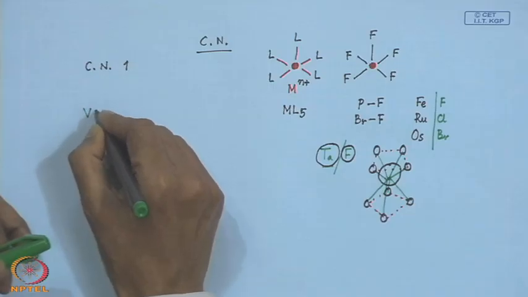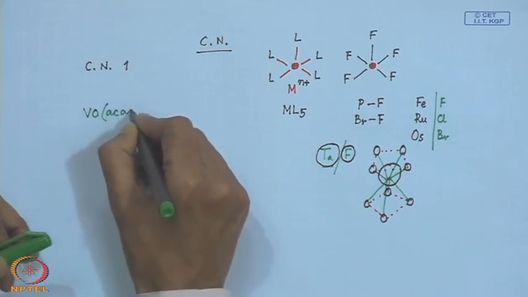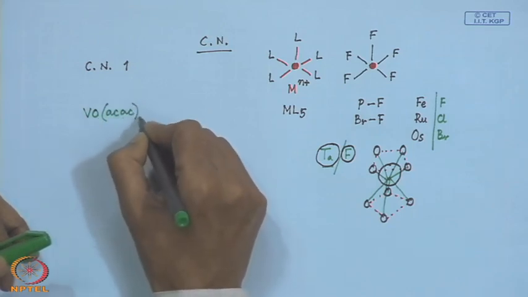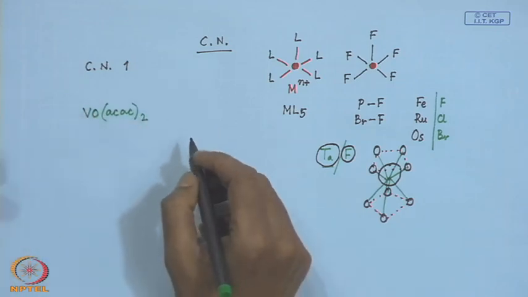In this third part of this class, we are considering the different types of coordination numbers, and one example we have started discussing is vanadyl acetylacetonate, VO(acac)2.